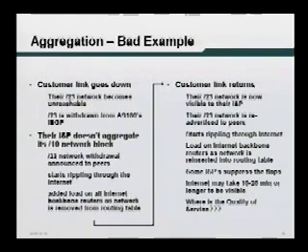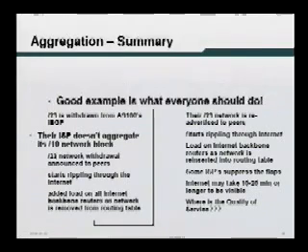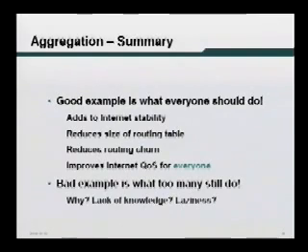Okay, so there's the difference. There's no need for this ISP to be announcing all this detailed address space to the internet. The impact is bad quality of service for the customer. So, summary of that, good examples, what everybody should be doing, because it adds to the internet stability. You don't have all the routers in the internet figuring out the best path options as this prefix is withdrawn.